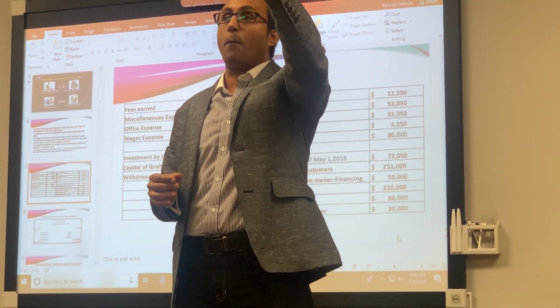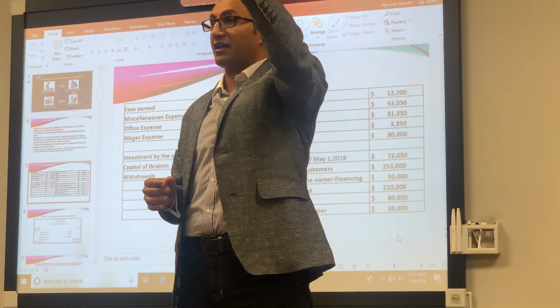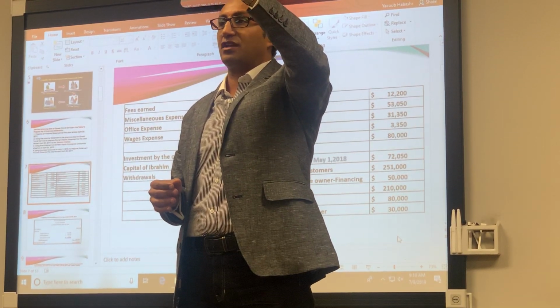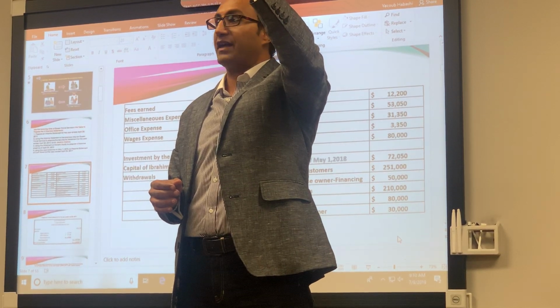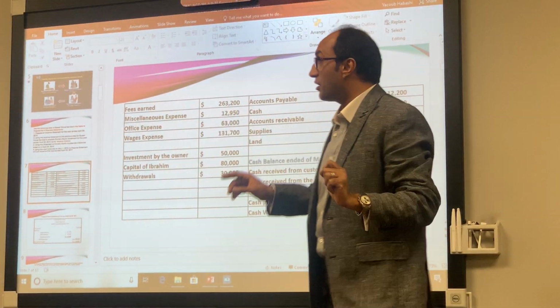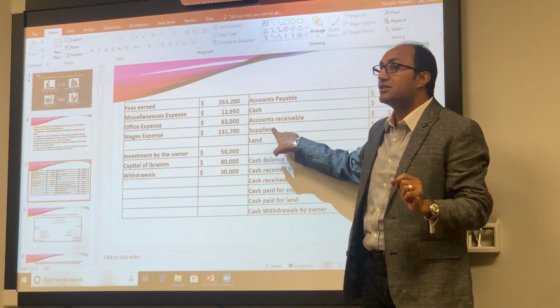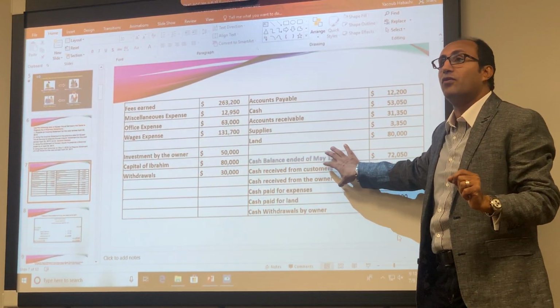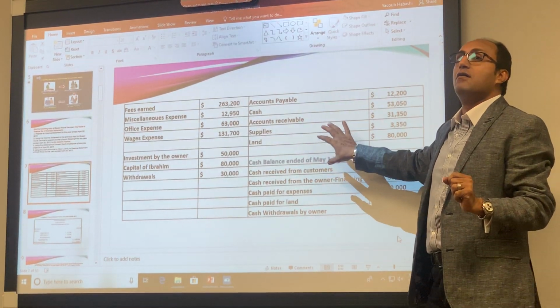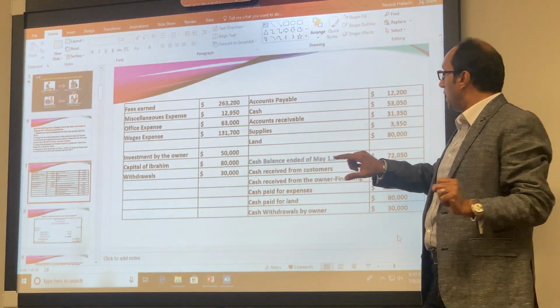The first section, operating activities. Second section, investment activities. Third section, financing activities. Here we have 3 sections too. The data gives us support to prepare the cash flow.